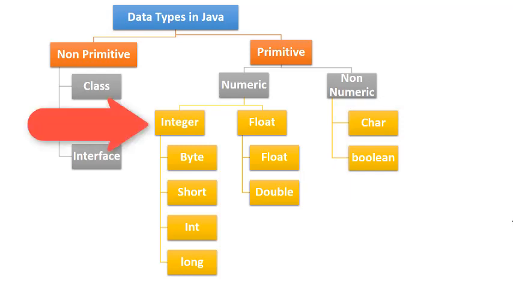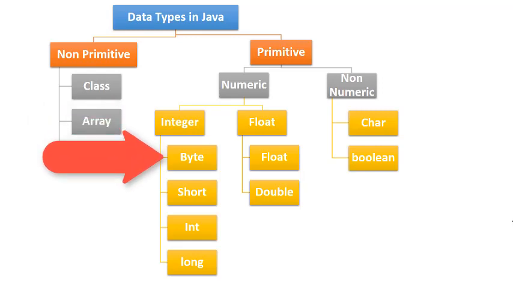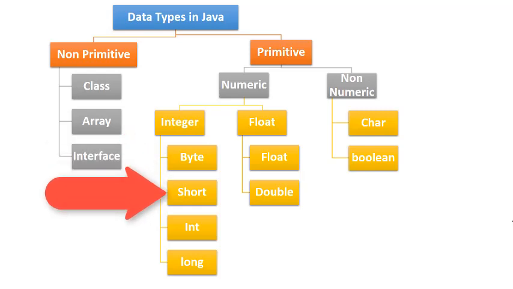Under the integer category we have byte. Byte takes only 1 byte of space in memory, and by memory we mean RAM, primary memory. The second is short.